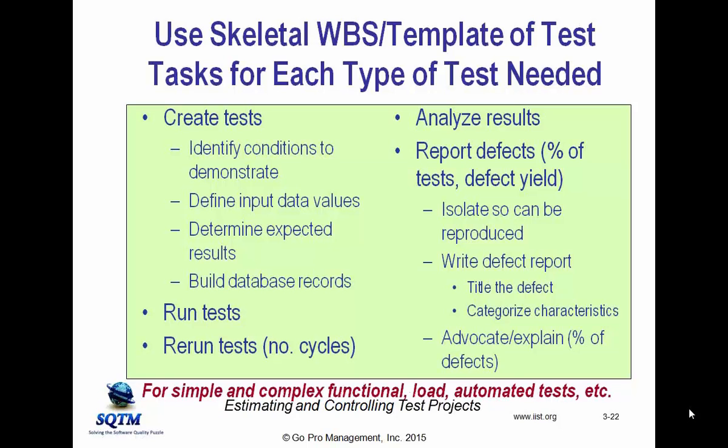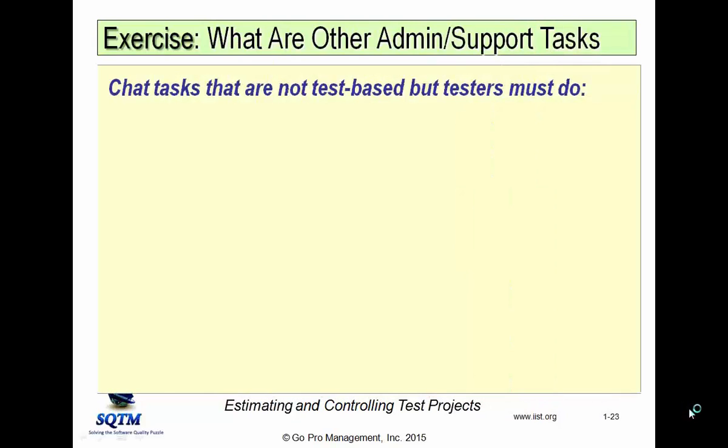Now, if you come up with some profiles for groups of tests, of simple tests, of complex tests, of load tests, automated tests, whatever groupings make sense, come up with some representative measures for each of these tasks, that's going to give you the basis for estimating the test-based tasks.